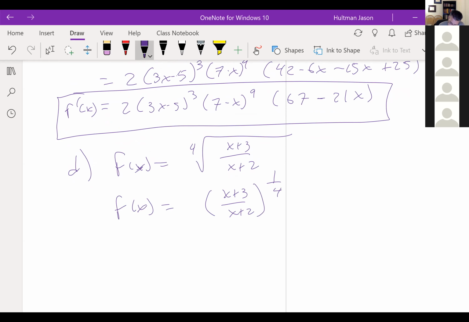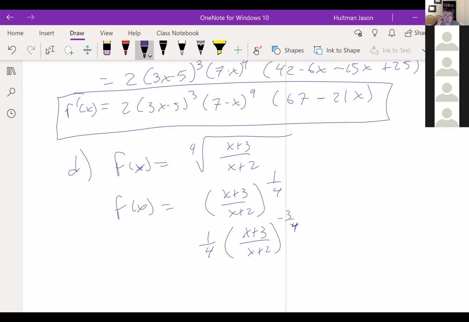And then I'm going to do the chain rule here. This is going to be 1/4 times x plus 3 over x plus 2 to the negative 3/4 power times the inside. Anybody know what we're going to have to do on the inside? What rule are we going to have to use on the inside? Is that the quotient rule? Yeah, very good.